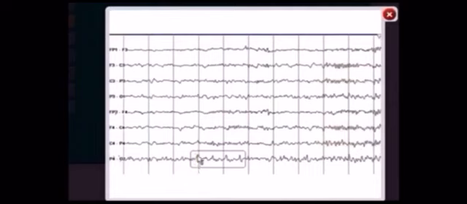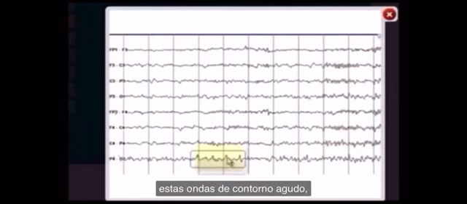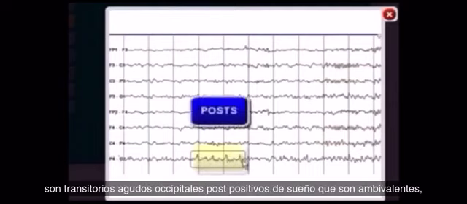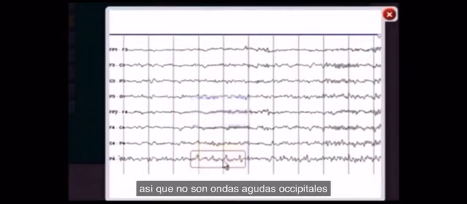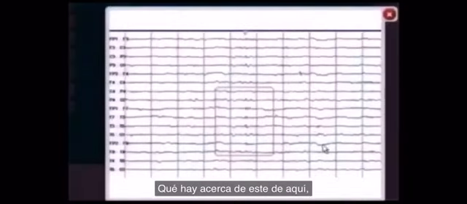What you see here, these sharply contoured waves, these are POSTS, positive occipital sharp transients of sleep, which is a benign variant. So these are not occipital sharp waves and should not be confused with occipital spikes. Okay, what about this one here?